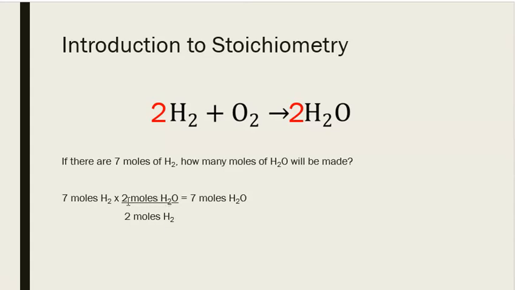So we look at this ratio: if I have 2 moles of hydrogen gas, I can make 2 moles of water. This means that for every 2 moles of H2O that are produced, it takes 2 moles of hydrogen gas. So then you do 7 times 2 divided by 2, and you get 7 moles of H2O.